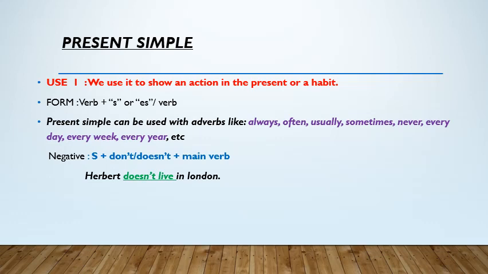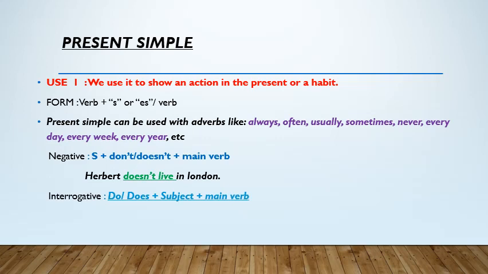With other personal pronouns, except for he, she, it, we use don't. With he, she, it, we use doesn't. So here, Herbert doesn't live in London. If it was me, I would say I don't live in London. I live in Meknes City.